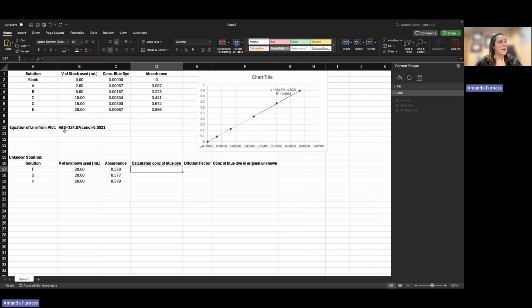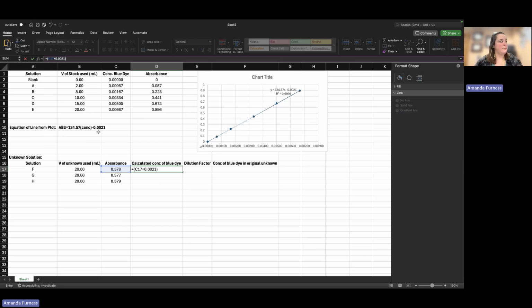All right, so this time I'm solving for concentration, right? I know the absorbance values. I found them using the UV-Vis, and so I'm trying to solve for x. So if I rearrange this algebraically, we would get our absorbance value, which is this one here, minus, well, because I have a negative b, I would then be adding, so plus my y-intercept, 0.0021, okay?